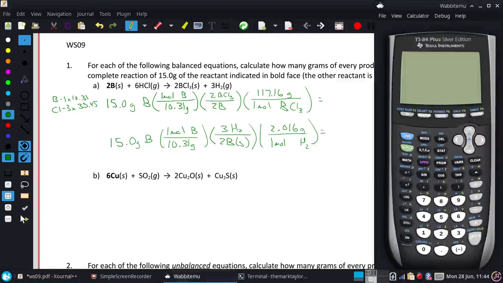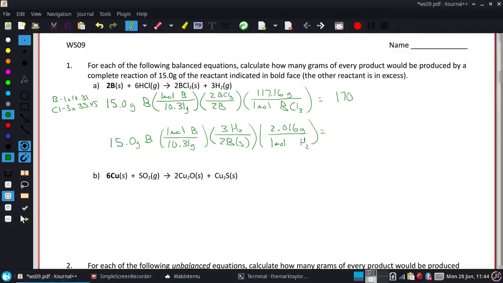All right, so our calculator, 15 divided by 10.31 times 2 divided by 2 times 117.16 is 170 grams.